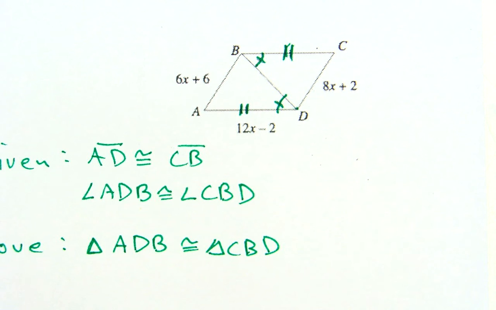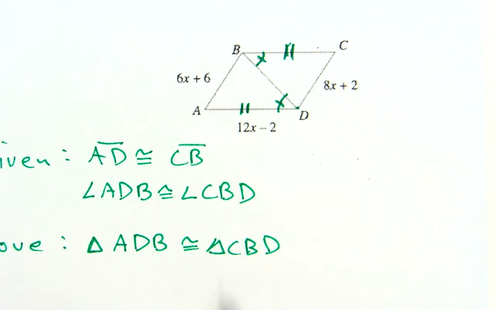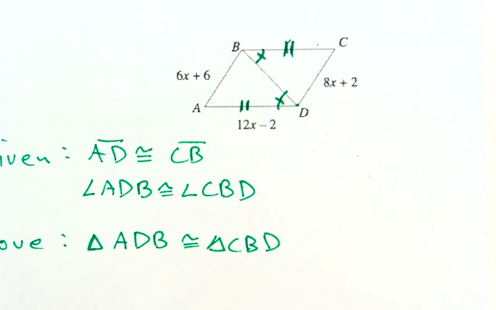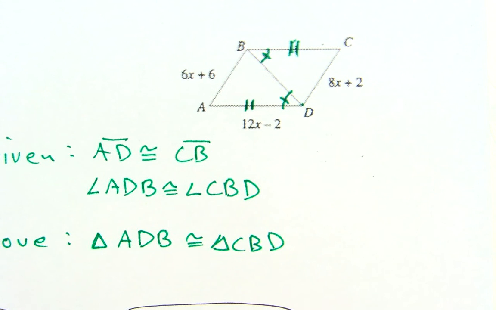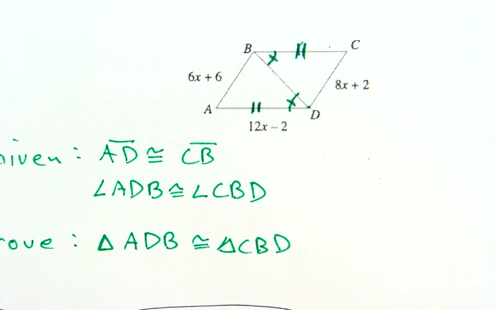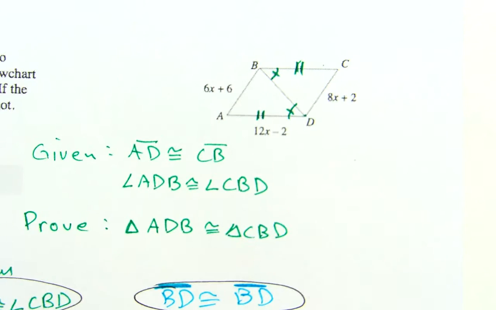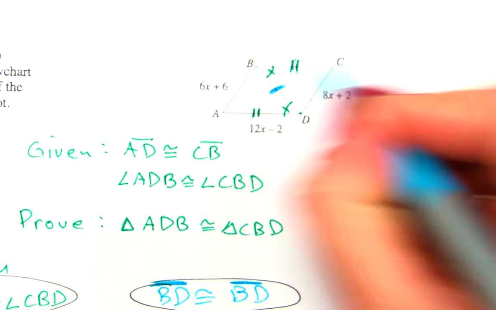And they can usually at that point tell me that BD and BD is the same side for both triangles. So we have BD is congruent to BD, the segment. BD is going to be the same as BD over here.